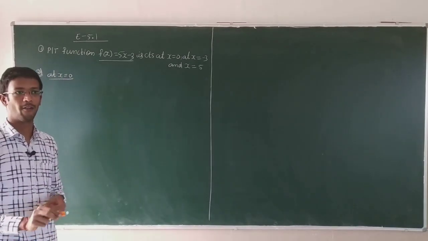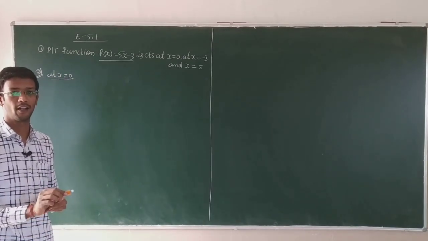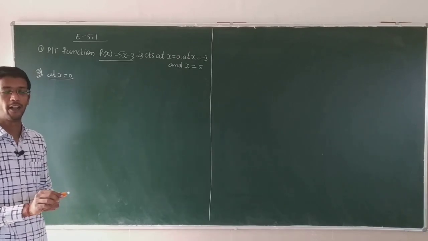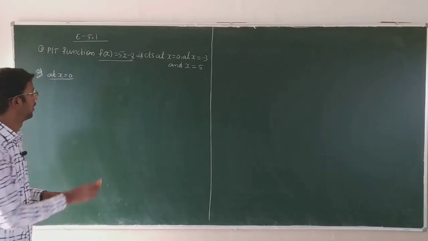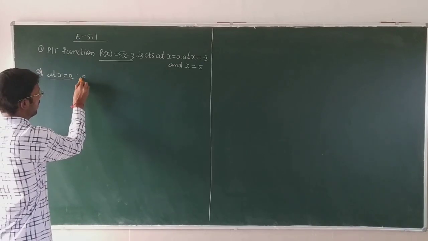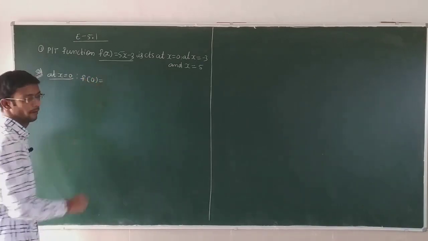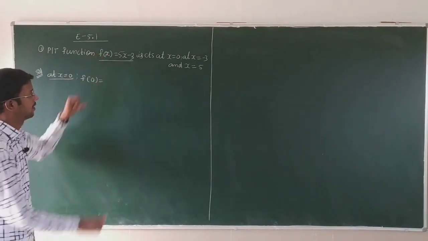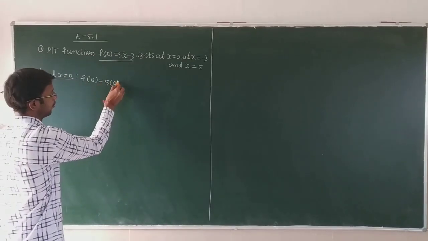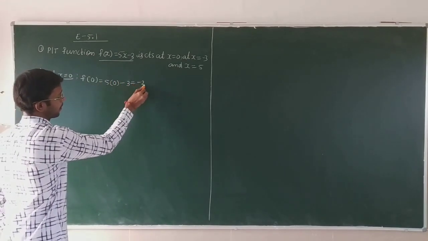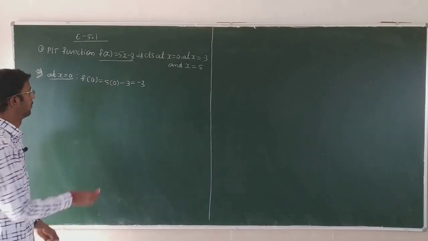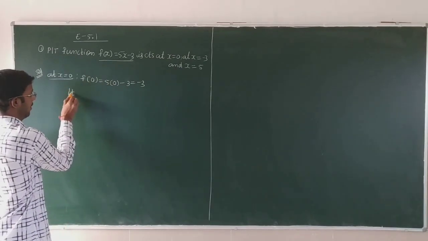We have the formula, the first property I use: limit x tends to c of f of x is equal to f of c. First, f of 0. In place of x you have to substitute 0, so 5 times 0 minus 3, that is minus 3. Next, I find the limit.